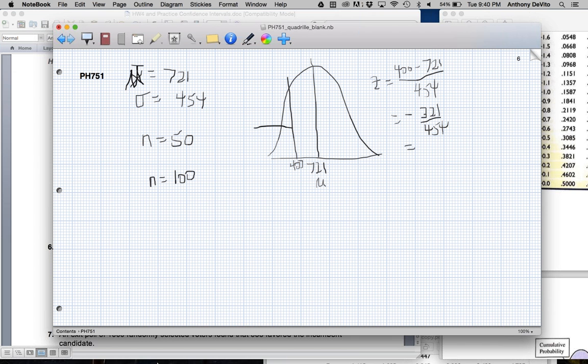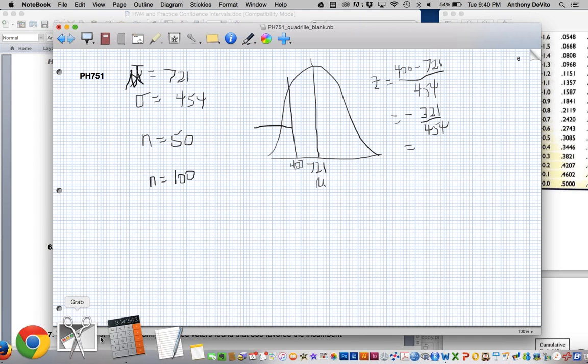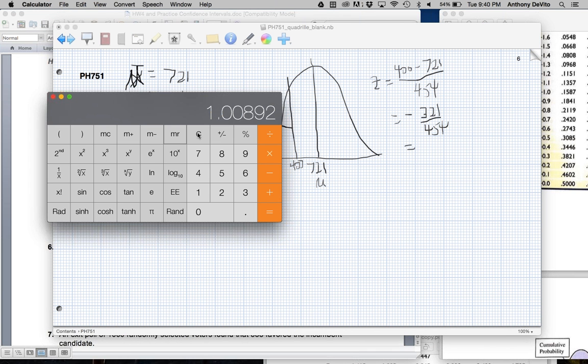So Z is going to be equal to 321 divided by 454, which is equal to 0.707.